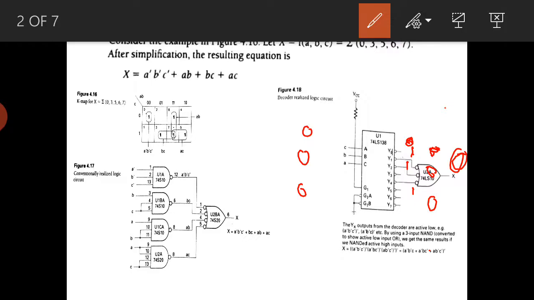Means for the 0 0 0 combination, as I told, the outputs are active low.